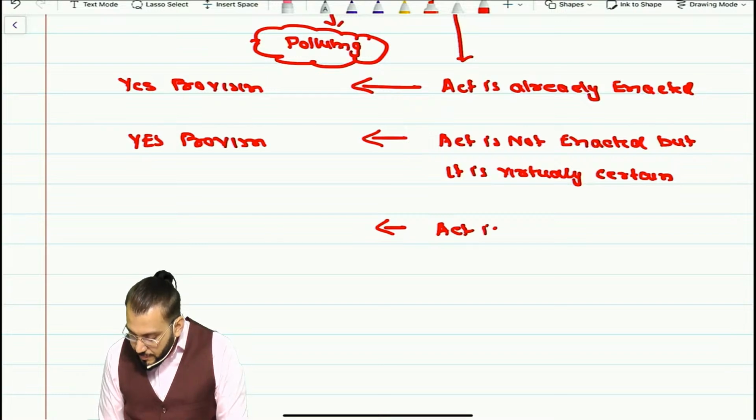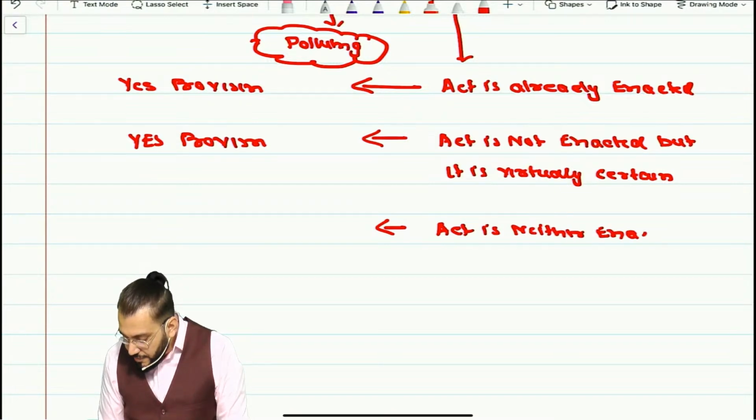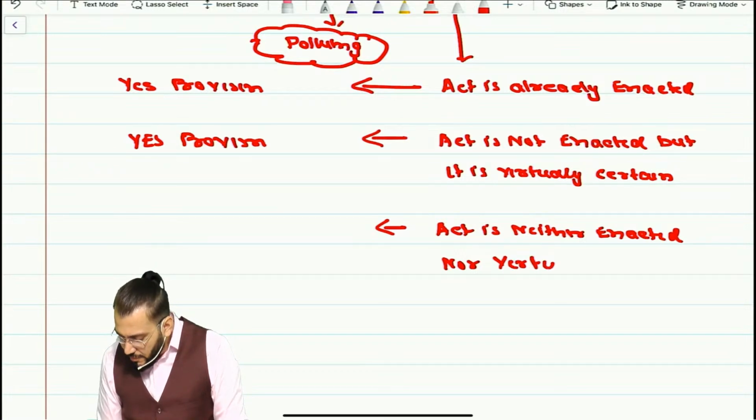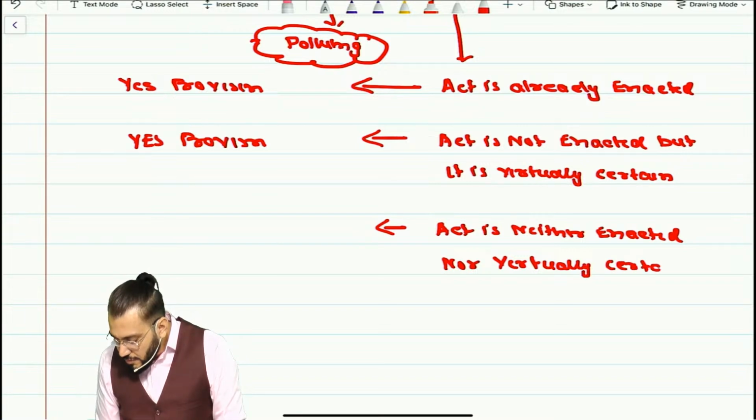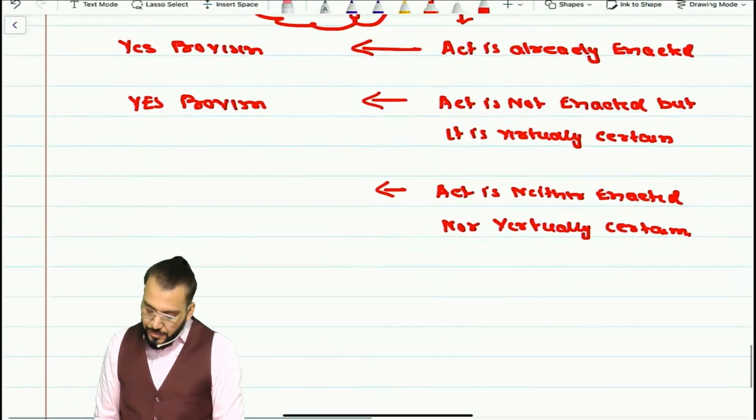The act is neither enacted nor virtually certain that it will be enacted.